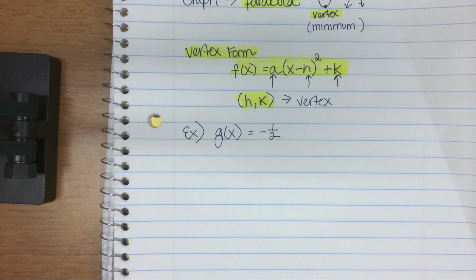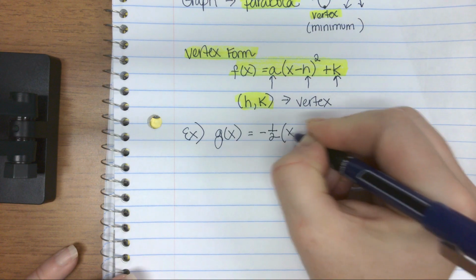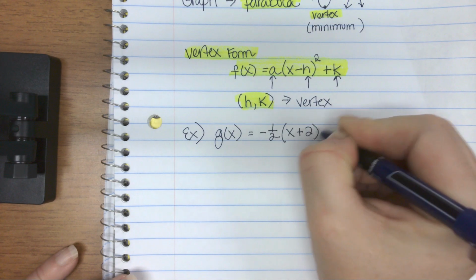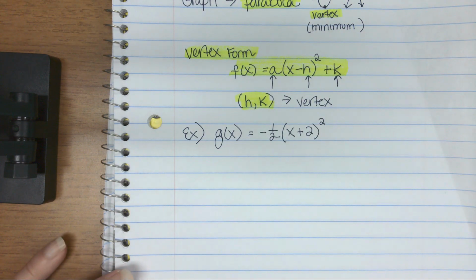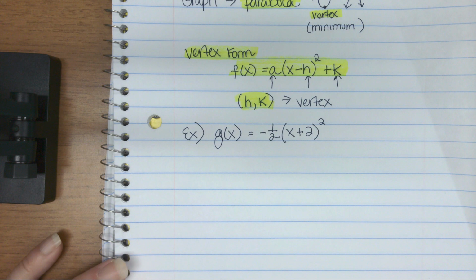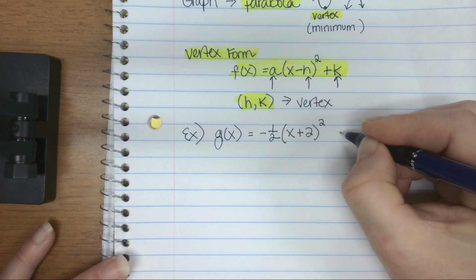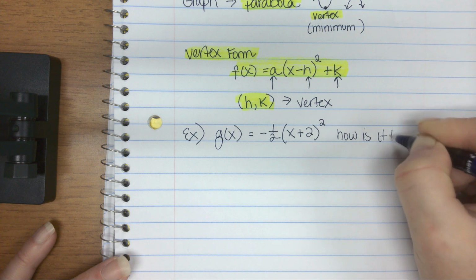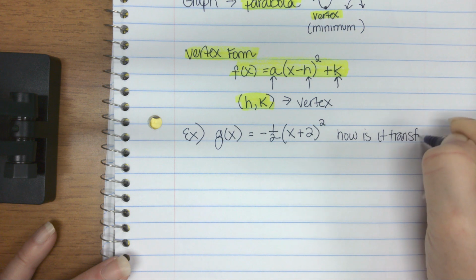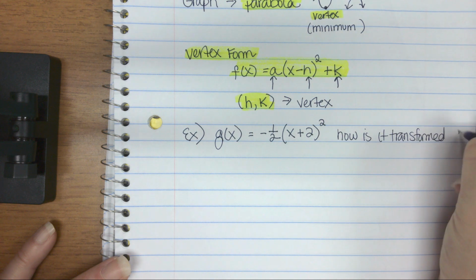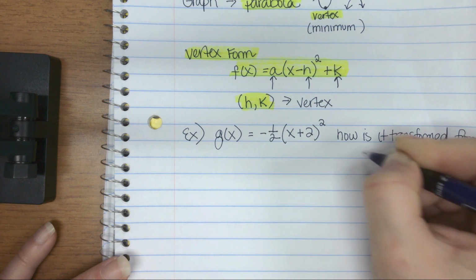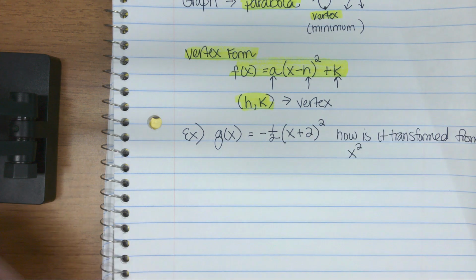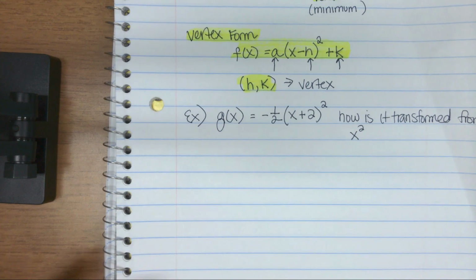So we're going to graph g of x equals negative 1/2 times (x plus 2) squared. To do that graph, we're going to first list or talk about how it is transformed from x squared. And then we're going to graph.